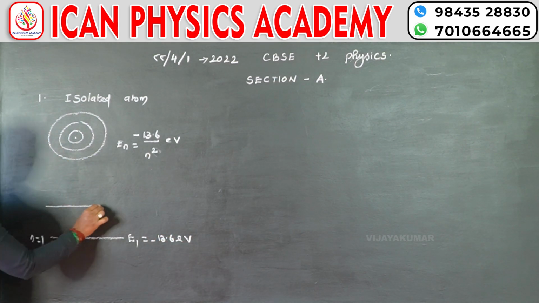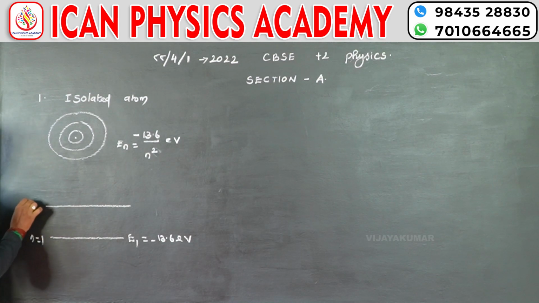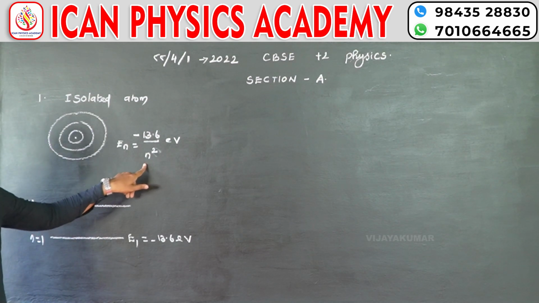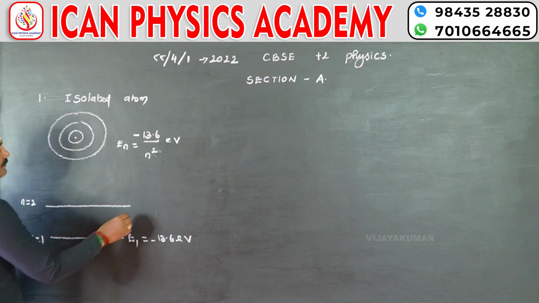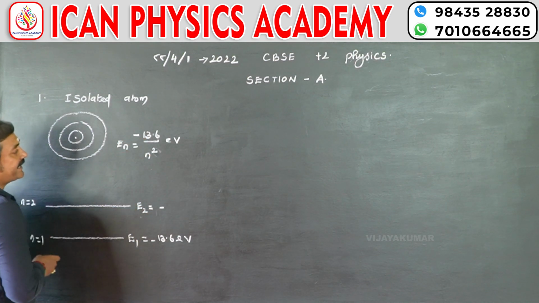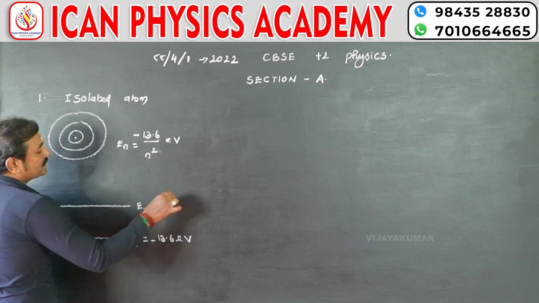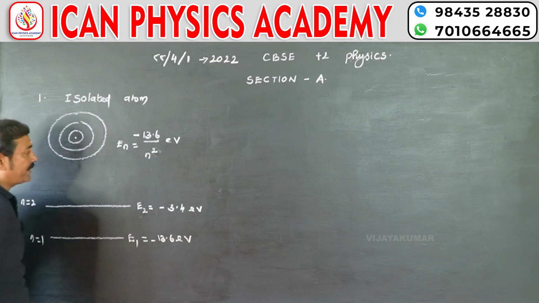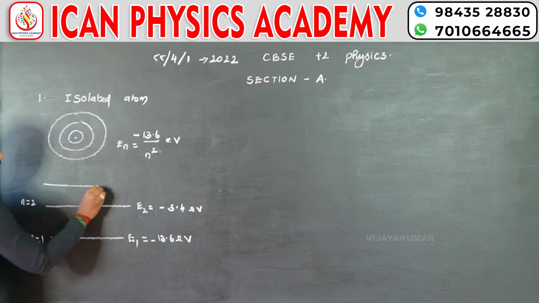For the second orbit, n equals 2, 2 squared is 4, so the energy of the second orbit is minus 13.6 divided by 4. Next, the third orbit.